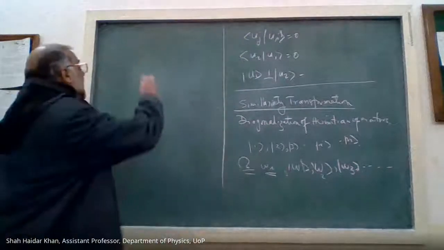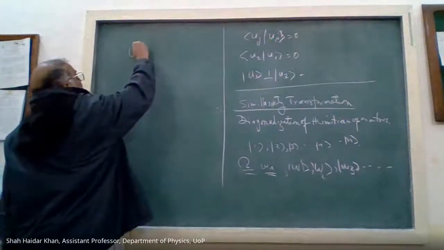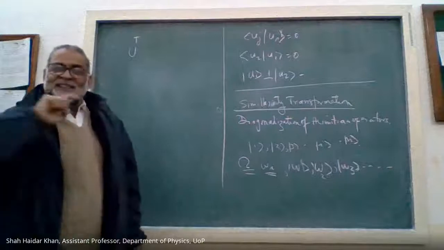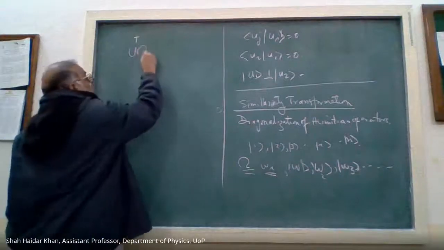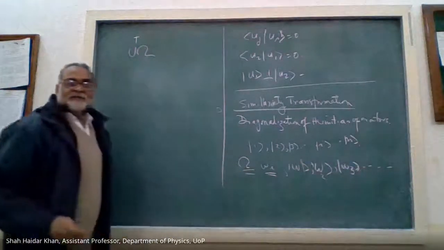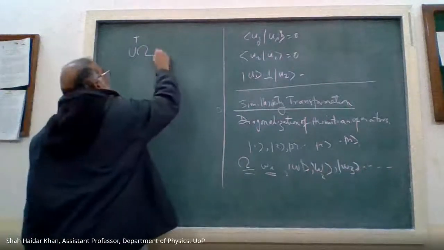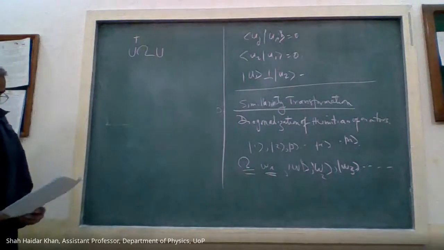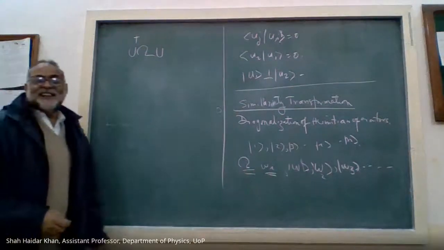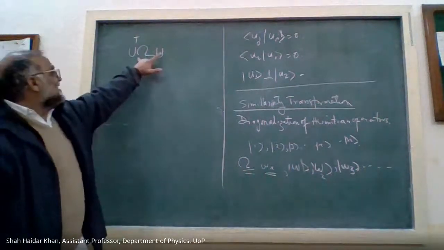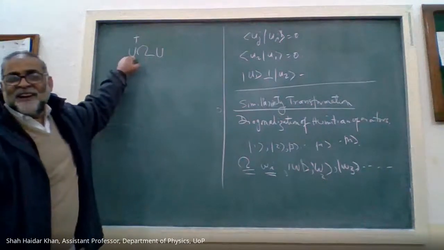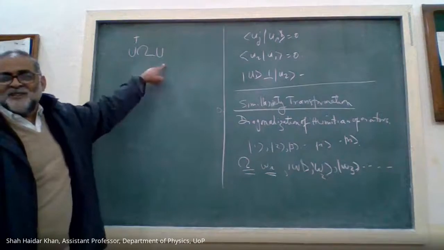So the process is like this. You take a rotation operator to the matrix omega that we have, and then sandwich it between U dagger and U, the unitary operation.